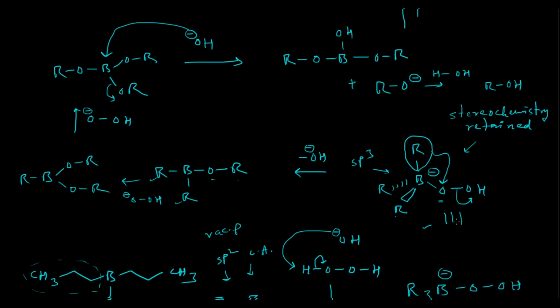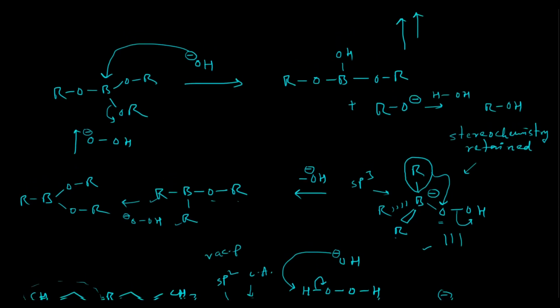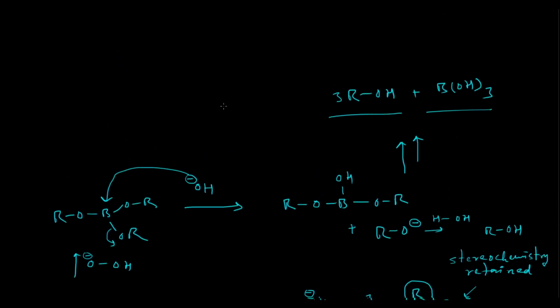We all know that, right? And for this reason the syn relationship is maintained in the product molecule. So in this case we have started our reaction from this molecule to this molecule.